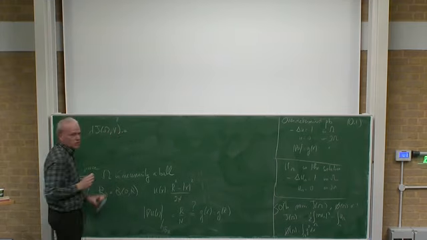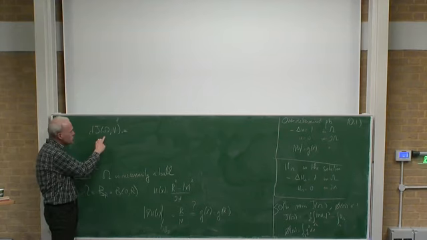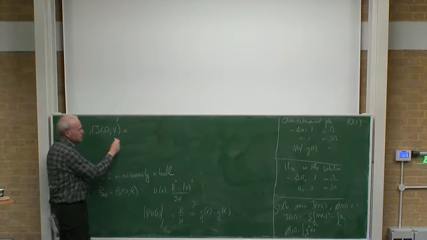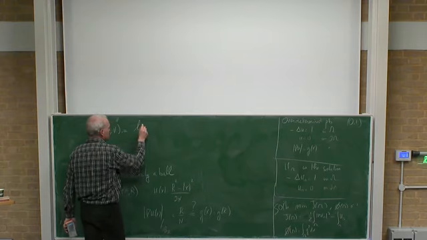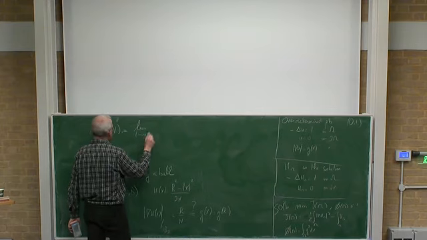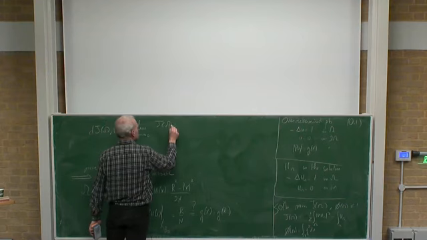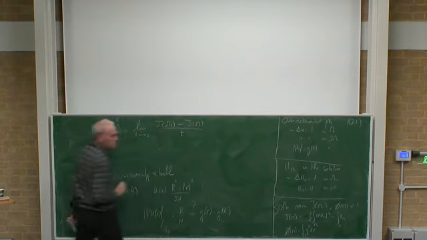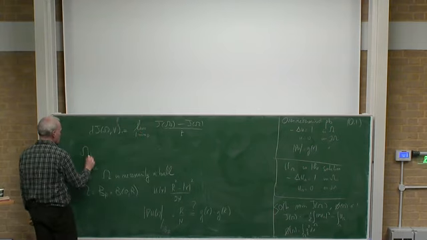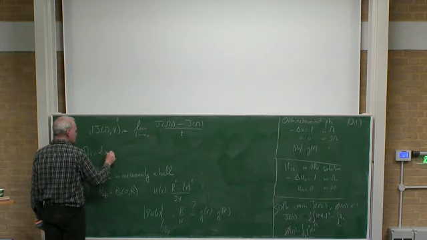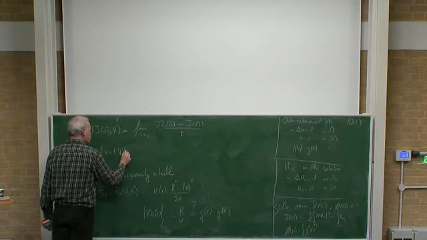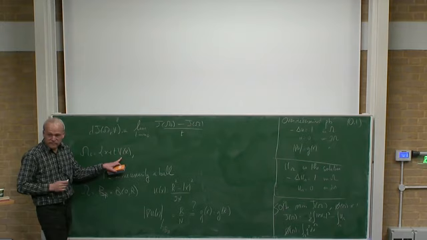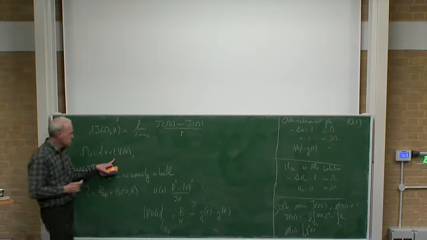By definition, the derivative of J at point omega in the direction v is the limit of the differential quotient, J of omega t minus J of omega over t, where omega t is obtained from omega by some perturbation field and t small.